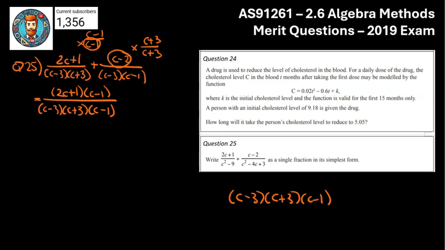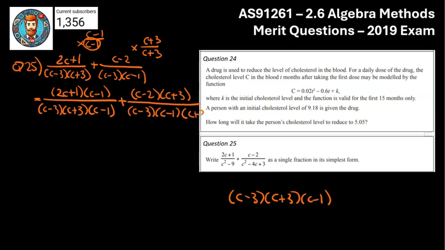Again, it needs to be top times top, and then bottom times bottom. And we're going to put them all in brackets, of course, separated by a plus sign there because we've got a plus sign in it. So it's going to be plus, and then the top's going to become (c minus 2)(c plus 3). All of that's going to be over c minus 3, and then c minus 1, and our new addition to the denominator, c plus 3.